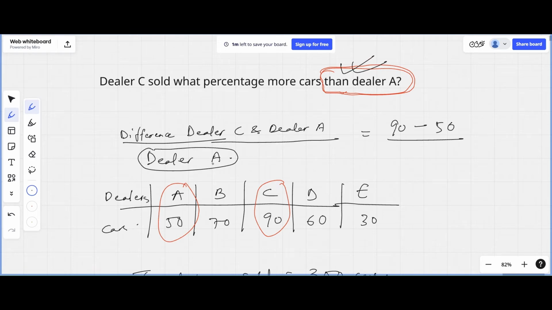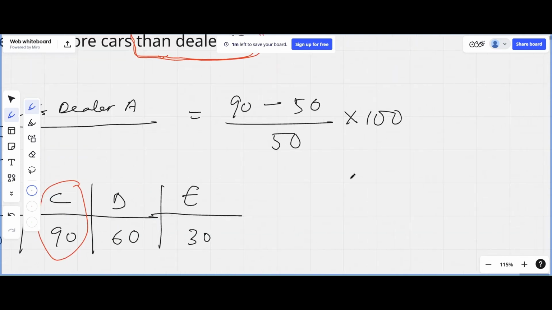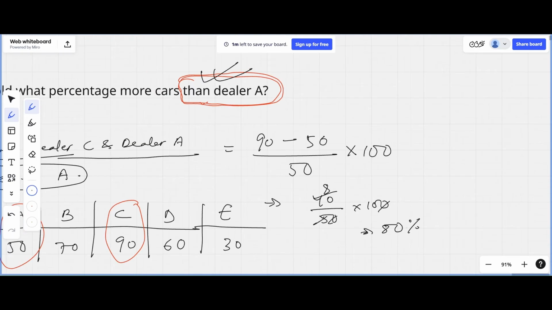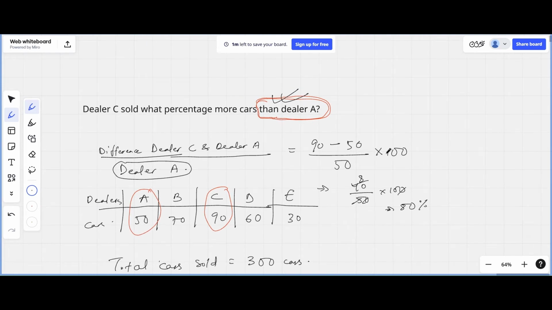So you put dealer A, which is 50, and since they are asking for a percentage, you multiply by 100. So the answer will be 90 minus 50 is 40, divided by 50, multiplied by 100. Five eights are 40, so 80%. Do you get it? So easy, right? But it's a little tricky.